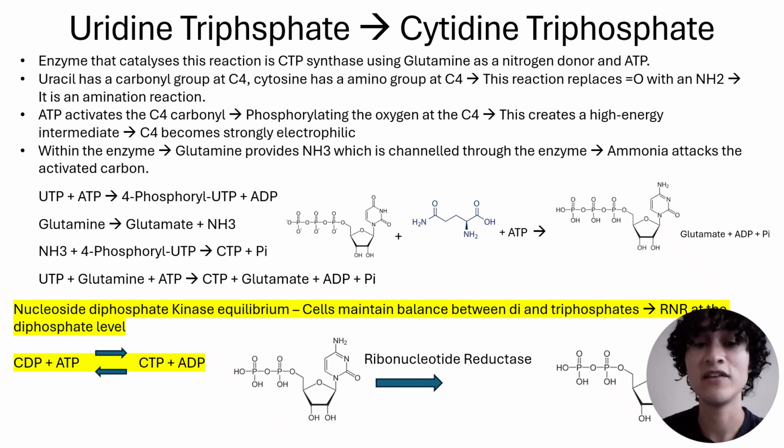And you can see I've indicated that reversible reaction with two arrows going either way. You've got your CDP plus ATP, and nucleoside diphosphate kinase will transfer that gamma phosphate from the ATP onto our cytidine diphosphate when nucleotide diphosphate levels are increasing in the cell, to give us more cytidine triphosphate and less cytidine diphosphate.